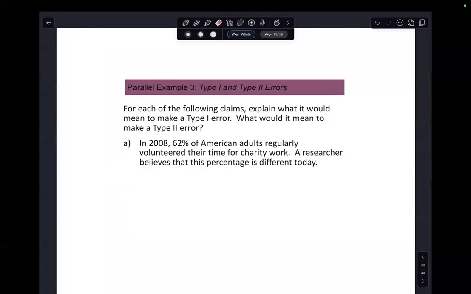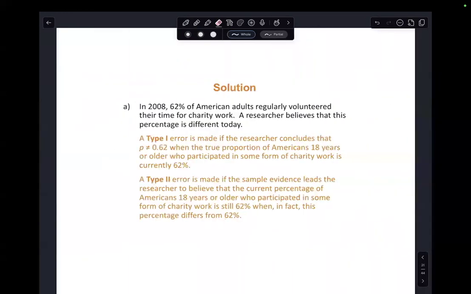All right. So let's actually look at what a type 1 and a type 2 error would be. They use a heck of a lot of words for this, but this will give you an idea. So we're looking at the 62% of Americans regularly volunteered for charity, and we believe it is different. Okay.